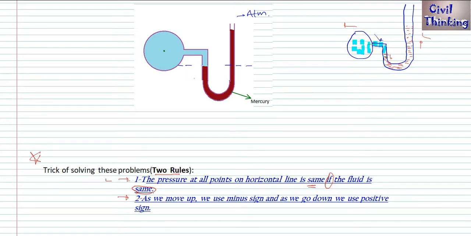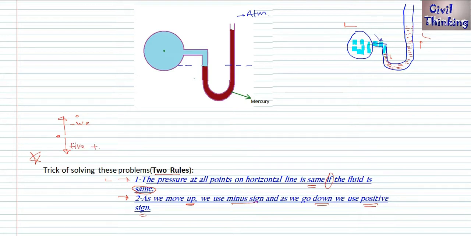Now we have rule number 2. Rule number 2 says as we move up we use a minus sign, and as we go down we use a positive sign. What it is saying is, if here is some point and you are going up from there, you will use negative. Up is negative. And if from this point you are going downwards, you will use a positive sign.